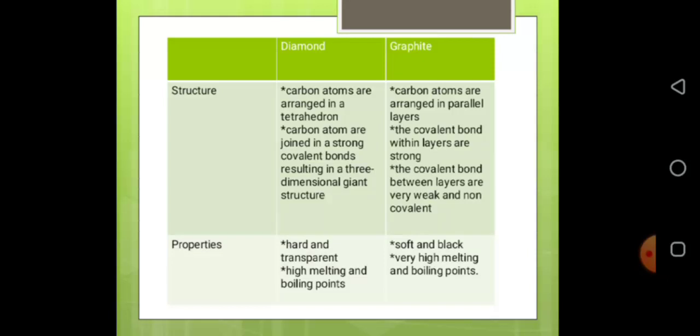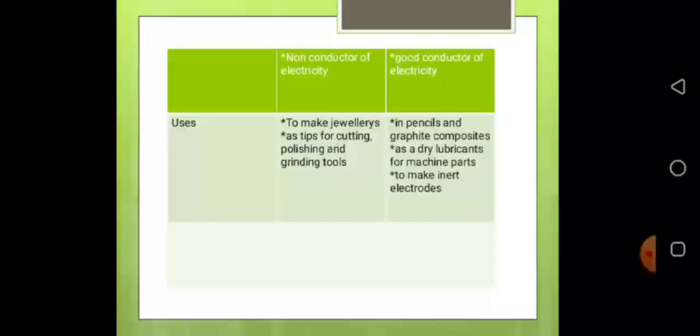It also has very high melting and boiling points. As for conduction of electricity, diamond does not conduct electricity, but graphite is a good conductor of electricity.